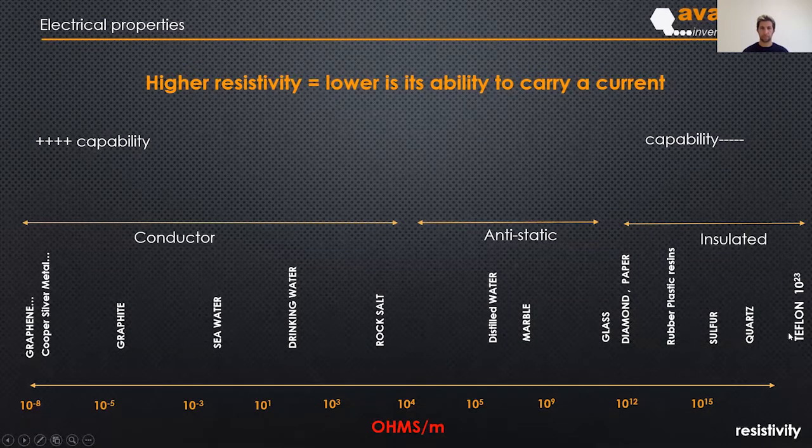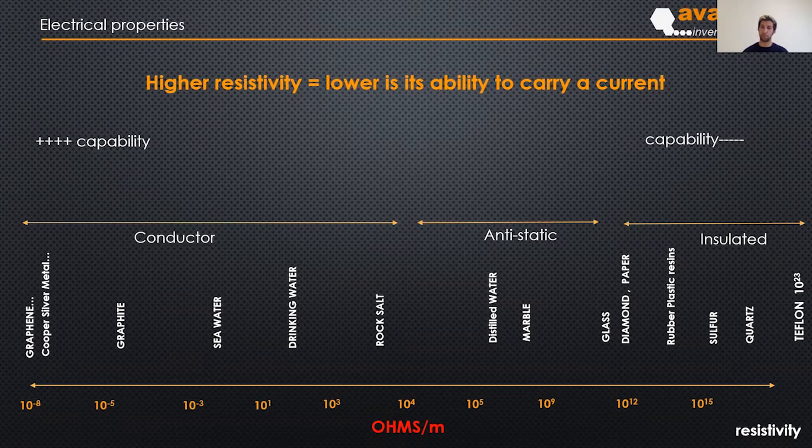On the other hand, there are materials with very high resistivity to the passage of electricity. In this case, for example, Teflon or materials like this. This kind of polymer has a resistivity of 10 to the 23. Not minus, 10 to the 23. It means that from copper to Teflon there are 23 plus 8 units.